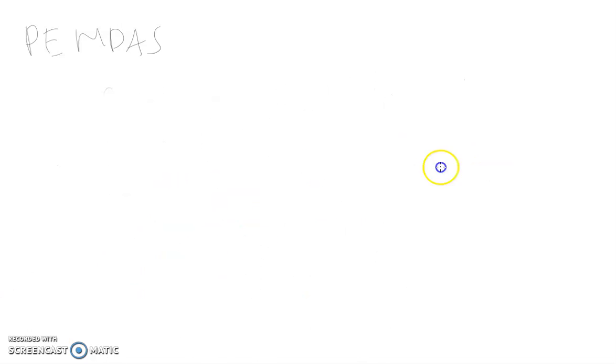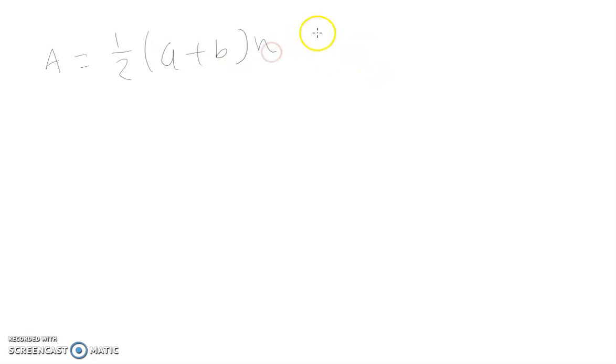Okay, we're going to do one last problem. So in this next one, we're going to do A is equal to half times (a plus b) h, for h. I know this looks complicated.